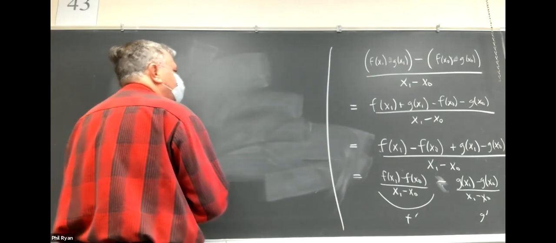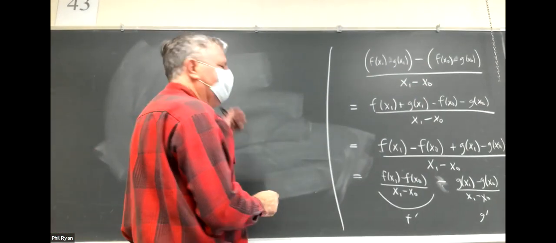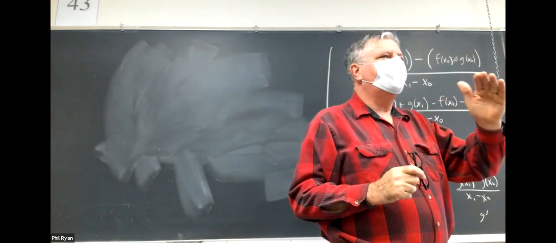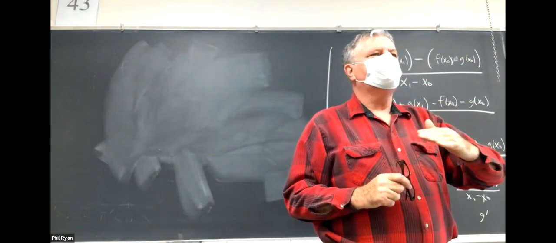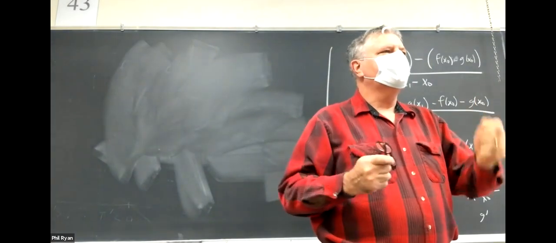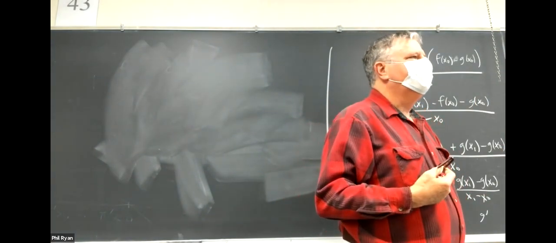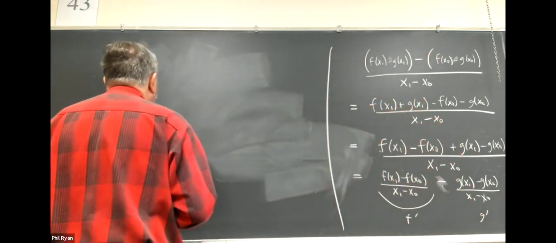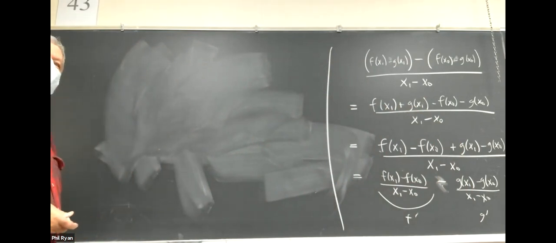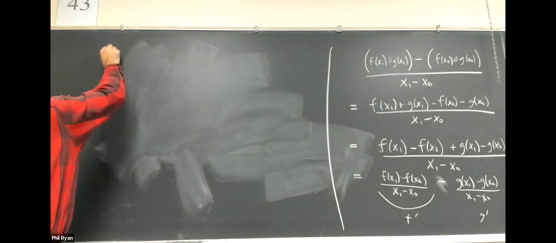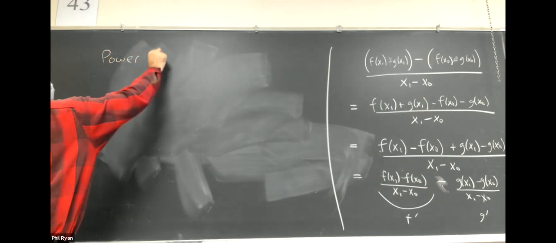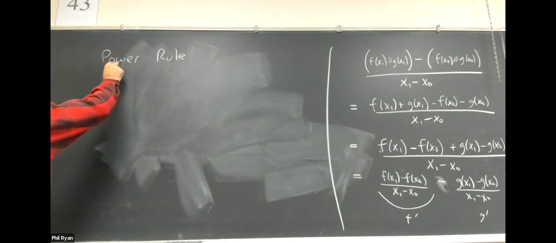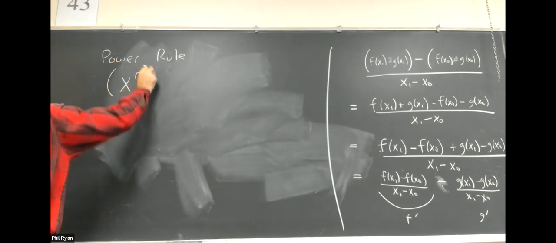What I recommend is that somewhere on a piece of paper you keep a list of the derivative rules and use it when you're doing your homework, so that you can learn them. Next, we're going to look at the power rule. By the power rule, I mean: what is the derivative of a power function?